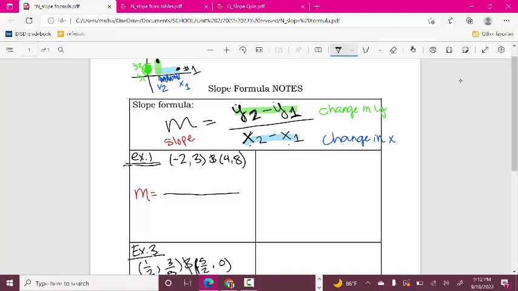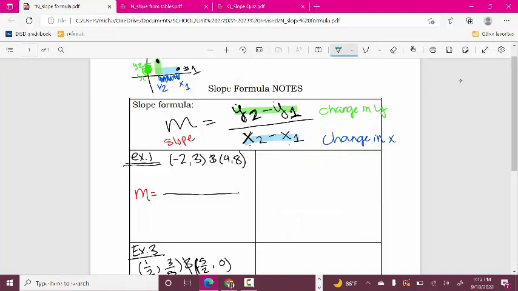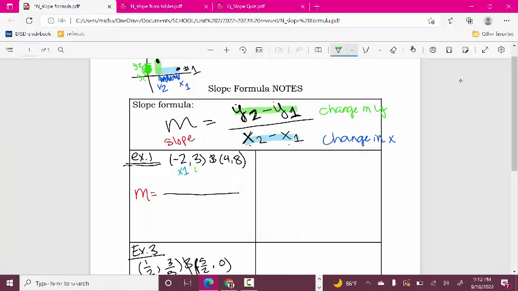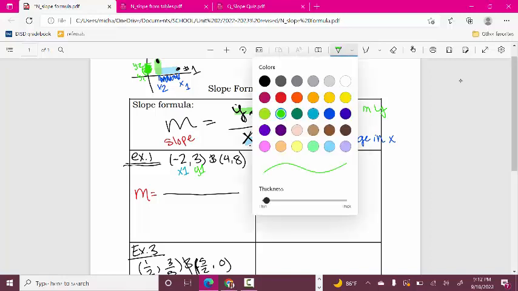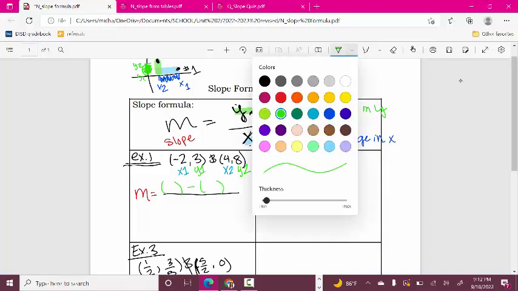So I guess we can label our ordered pairs, and then we'll know which number we're trying to call which. If I call negative 2 x1, then this is my first ordered pair, which means the y value there, 3, has to be y1. And in the next ordered pair, 4 is x2, and 8 is y2. So now when I write y2 minus y1 over x2 minus x1, I'll know which numbers to call.